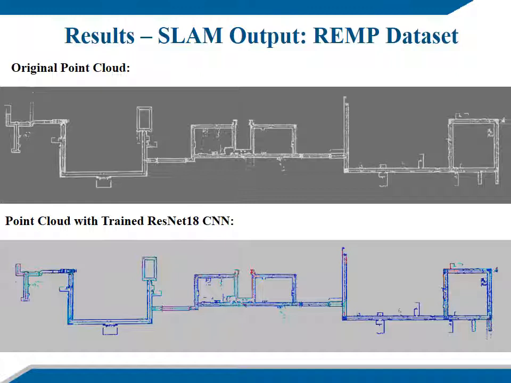This is the entire map reconstructed from the SLAM operation. The first image in this slide is the original point cloud, which does not contain any scene labels from the CNN.